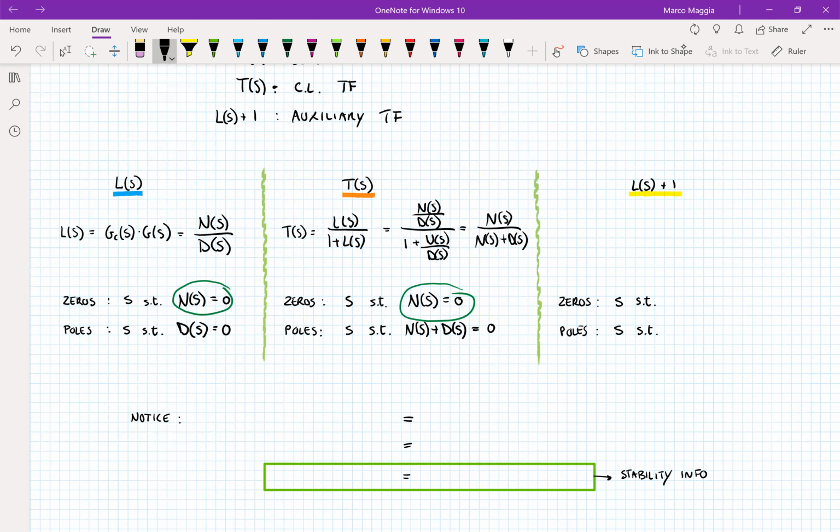And that's what we're really interested in because it's the poles of the closed loop transfer function that contain all the information about the stability. But as usual, we're trying to gather information about the closed loop transfer function without having to actually compute the poles, because in our examples we've seen at most 3 poles, 4 poles, but you can have systems with many more.